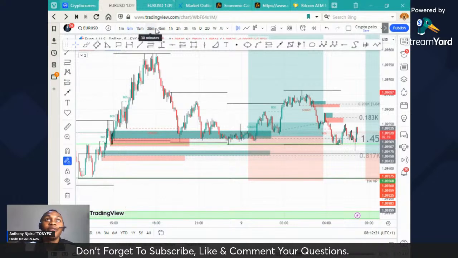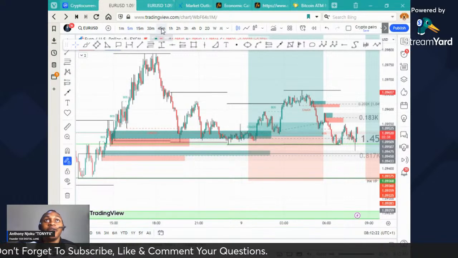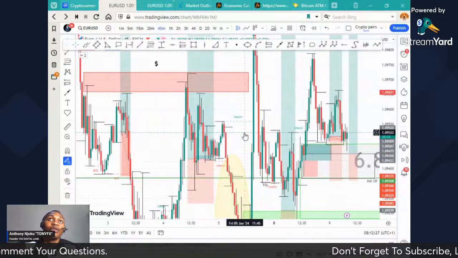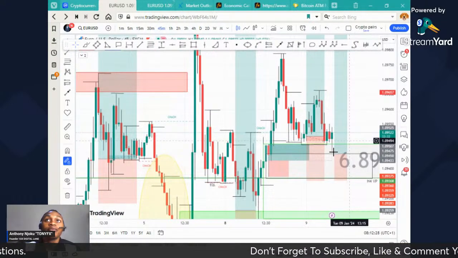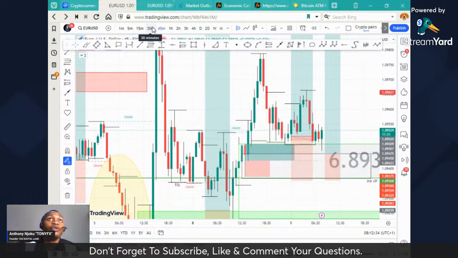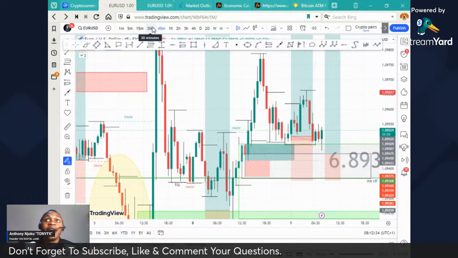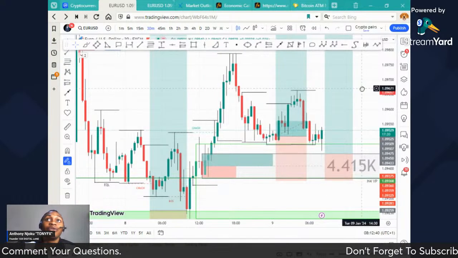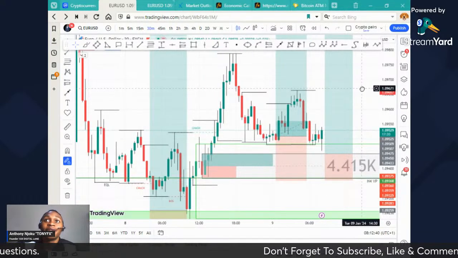So if I'm to conclude, I think the 45 minutes order block is a very good order block that gave us a low risk and high reward. But the 30 minutes order block gives us way better risk and high reward.